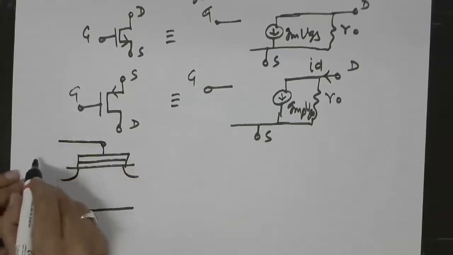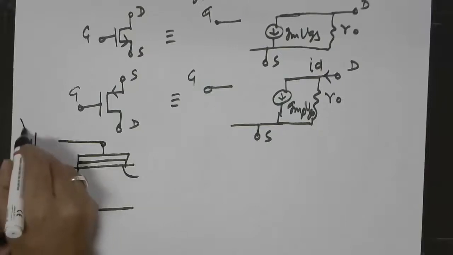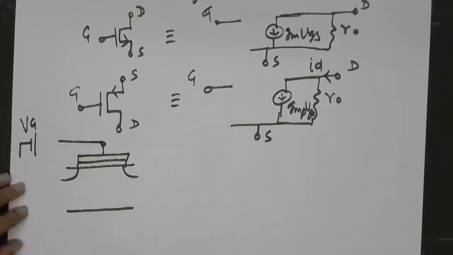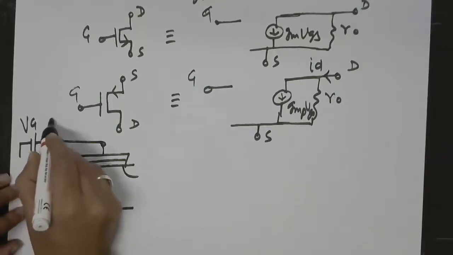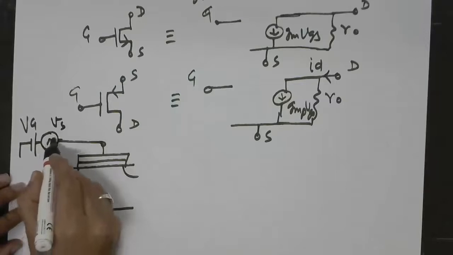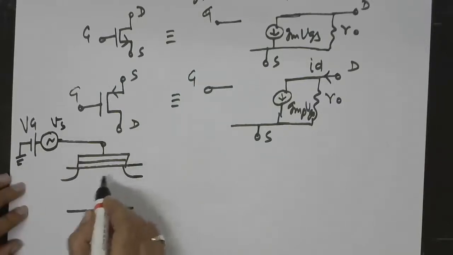So there will be say VG DC bias voltage, and then on this we will have our time varying source imposed in this case.